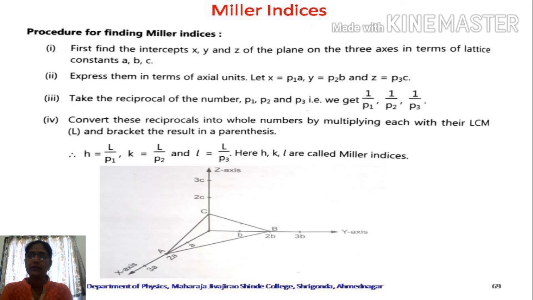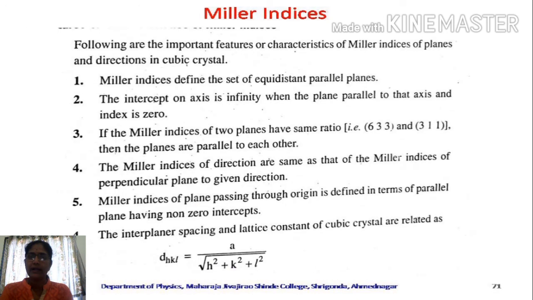The features, characteristics or properties of Miller indices are: they represent a set of parallel planes. If a given plane is parallel to a crystallographic axis, its index will become 0. Then if planes are like 633 and 311, it means that if their ratios are the same, then they are said to be parallel to each other.